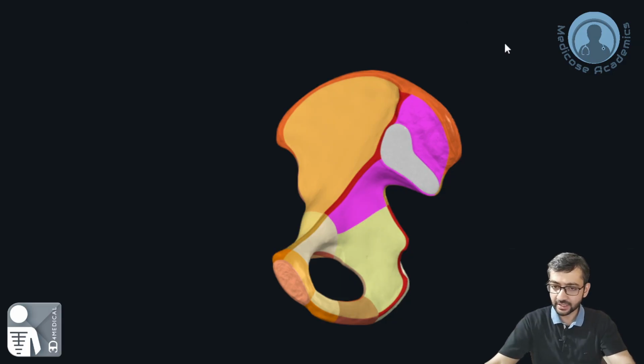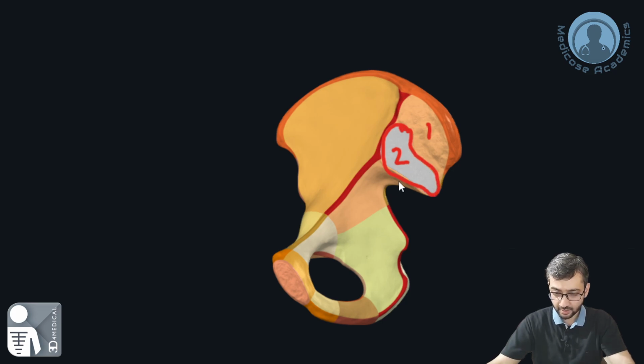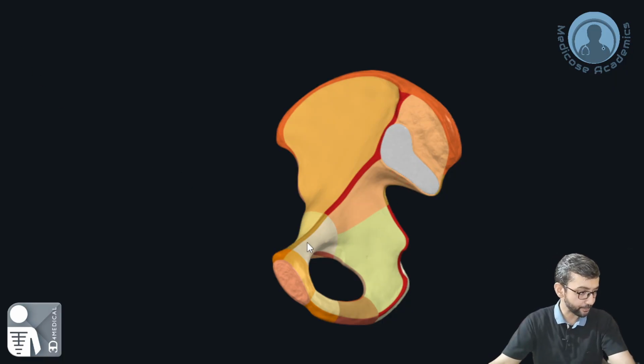It has this part called the iliac tuberosity, that gives attachment to the ligaments that attach to the sacrum. This is the articular surface, this whole part. This is the one that makes the joint with the sacrum, and then there is the pelvic part that is below it. So these are the different surfaces of the ilium.